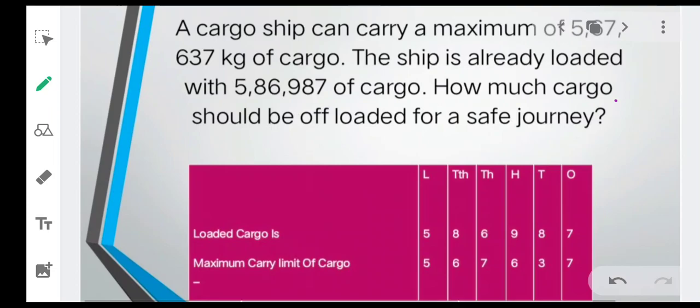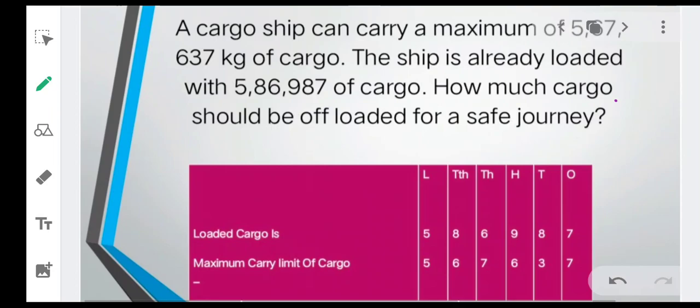Okay, can we read? First of all, we read the question, and after that we are going to solve it. Okay students, a cargo ship can carry a maximum of 5,67,637 kg of cargo.